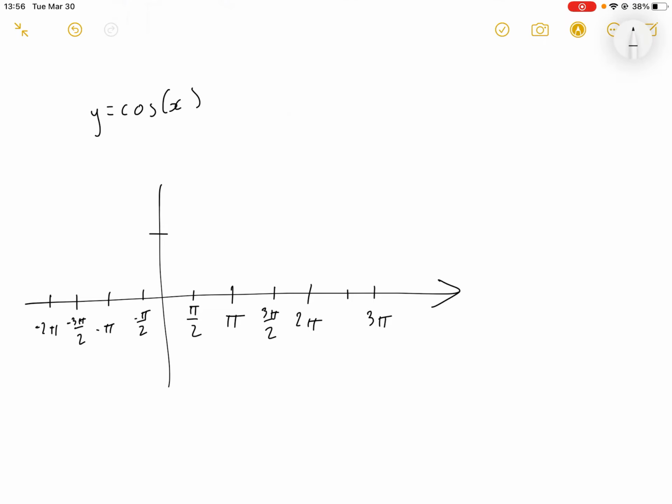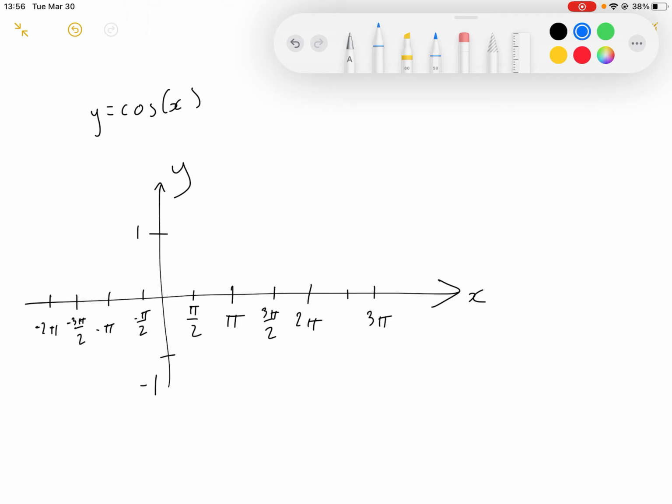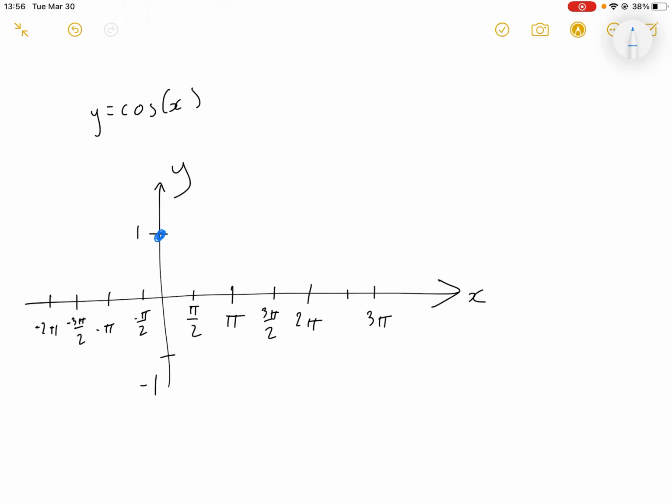Oops, I forgot my 1 and negative 1, and then this is my y-axis, and this is my x. Okay, so cosine starts up there, comes down, and then keeps repeating that pattern. So it's going to sort of go like this.